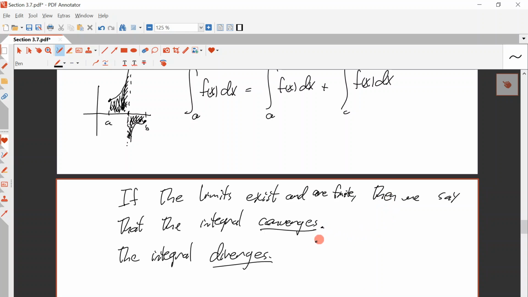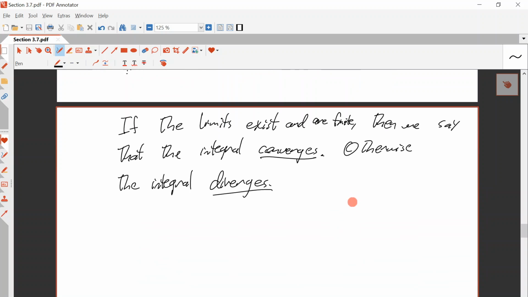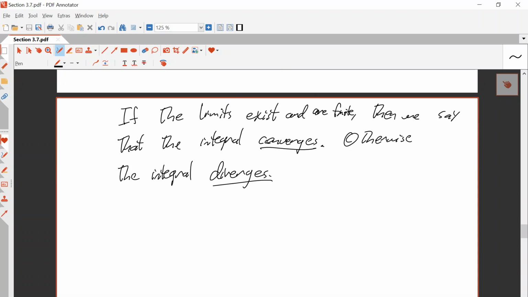Otherwise, if the integral is infinite, or the limit just doesn't exist, then we say that the integral diverges. Okay. So let's take a look at some examples for that.